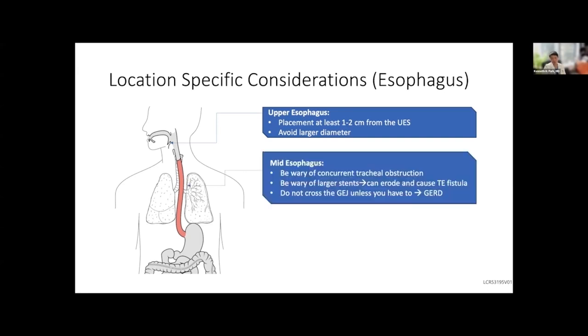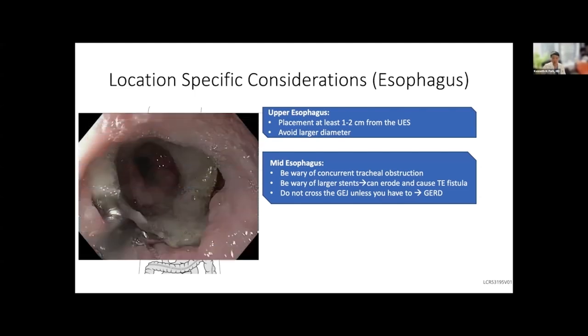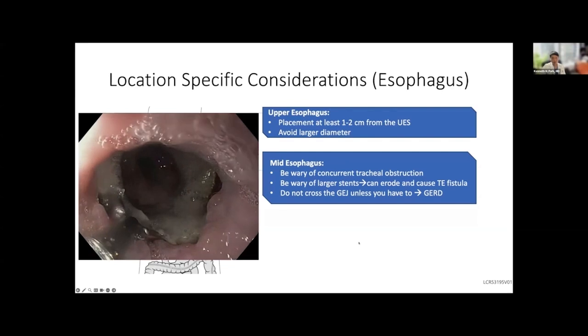In the mid esophagus, one thing you always have to worry about is concurrent tracheal obstruction or injuring the trachea. The space is pretty tight there in the mediastinum. So always keep in the back of your mind, when stenting the mediastinum with a large mediastinal tumor, not to put in a very large stent, for these reasons. I'll show you an example of such a situation.